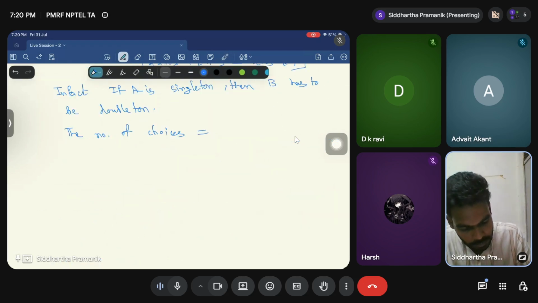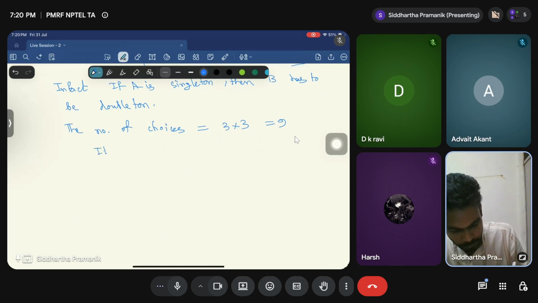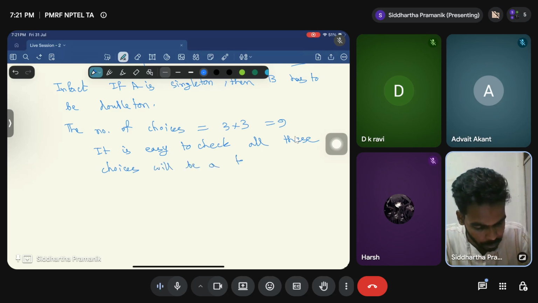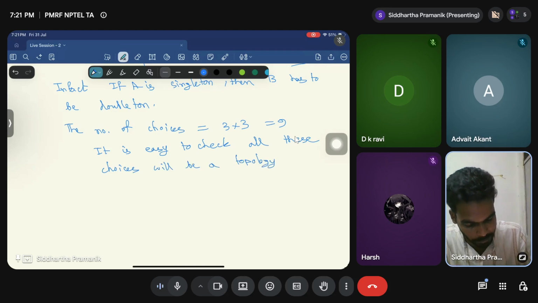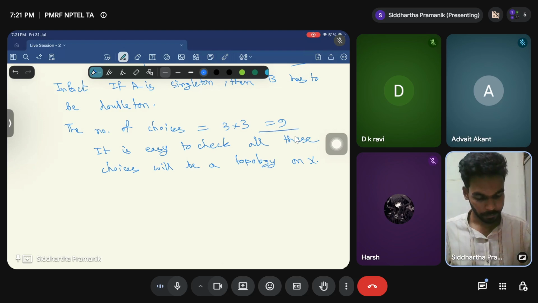So the number of choices is 3 cross 3, which is 9, and you can check easily that all these choices will be a topology on X. So the answer will be 9.